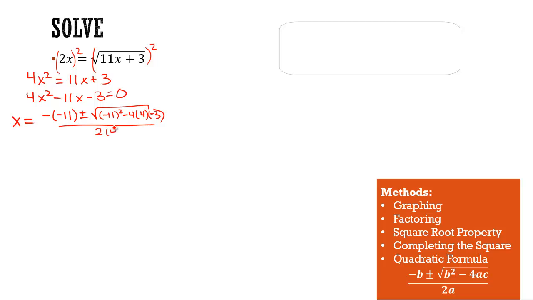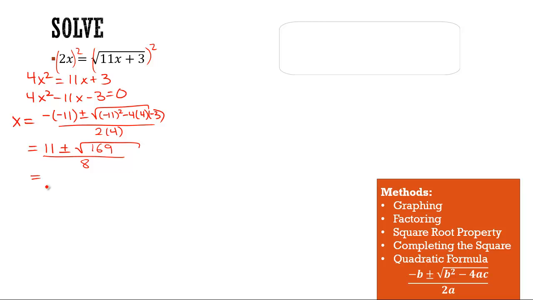over 2a. So we get 11 plus or minus the square root of 121 plus 4 times 4 times 3, which is 169, over 8. Oh, look at that. 169 is actually a perfect square.